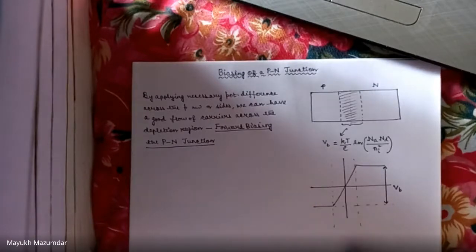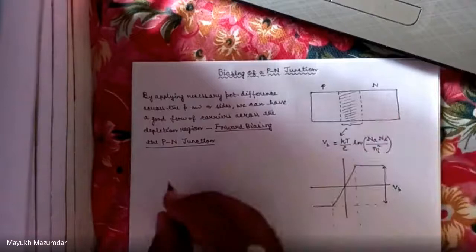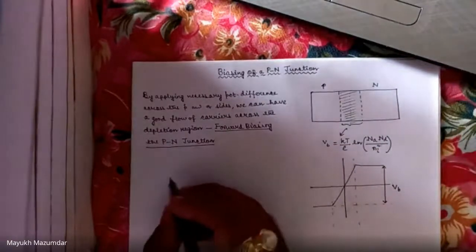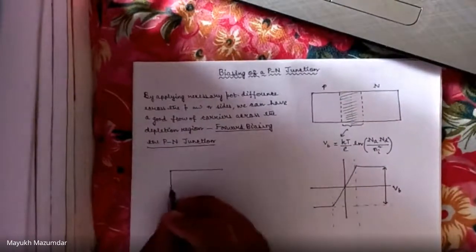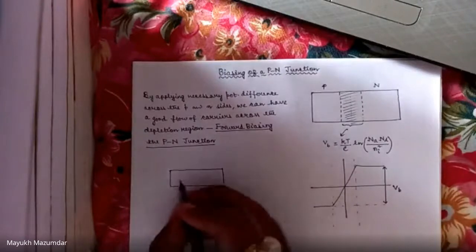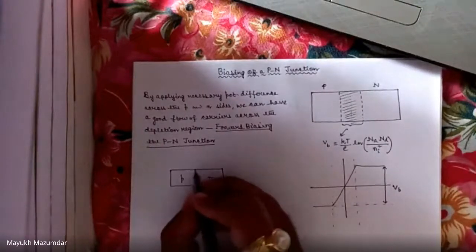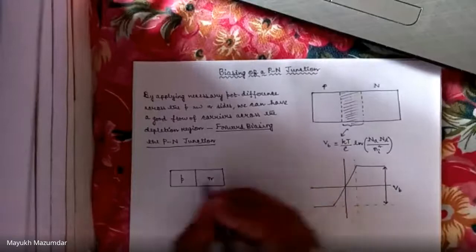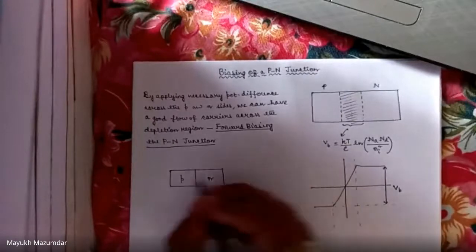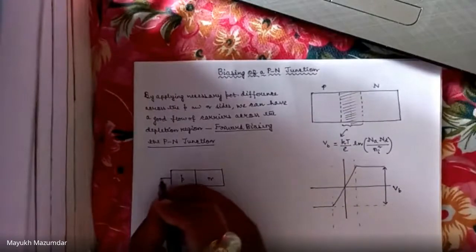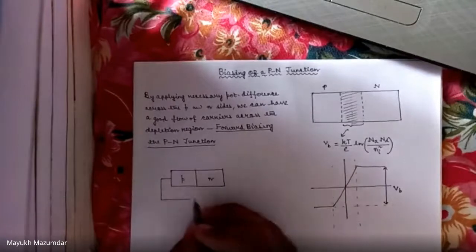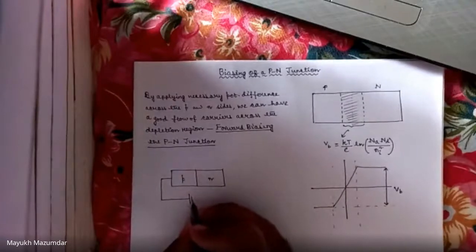So what we will do, this thing I won't be drawing in that much detail from now onwards. I'll just simply put a block like this. This is the P side, this is the N side, and this is the junction. So I will connect the positive terminal to the P side and the negative terminal to the N side.